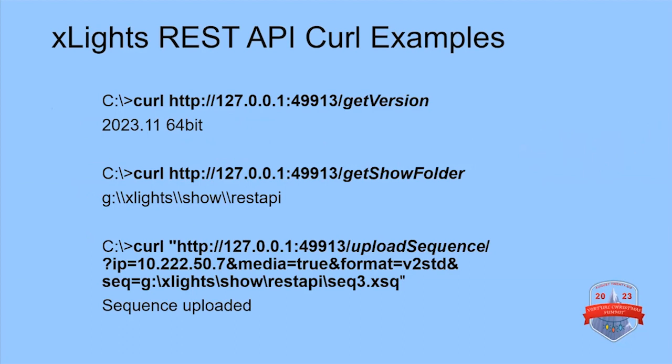This is a curl to get the version of xLights, actually run from a Windows prompt. This is where you can get the current show folder. The next one's a little more complicated because you're actually telling it, I want you to upload a sequence to this IP address, which would be a controller that allows you to upload sequences to it. So you can do this with curl, but obviously you can see this is rather tedious, if you will, okay?